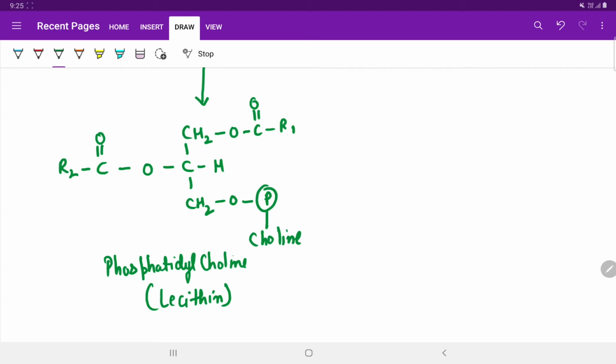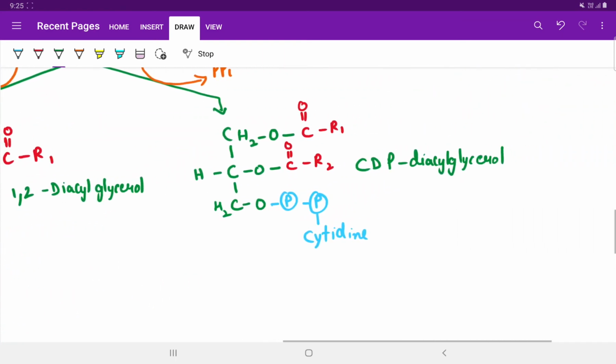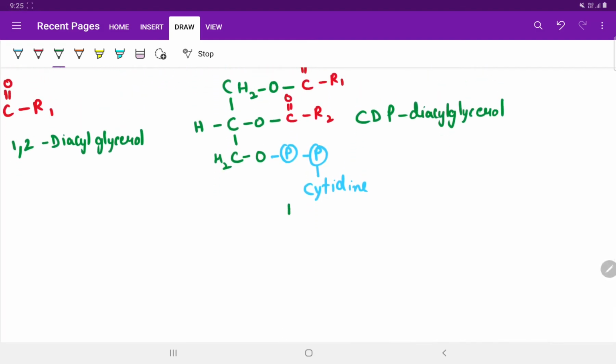Whereas on the other hand, a molecule of cephalin is also formed. So how this cephalin molecule will be formed, let us see. We had already synthesized the second molecule of CDP diacylglycerol. This CDP diacylglycerol further undergoes two different pathways.